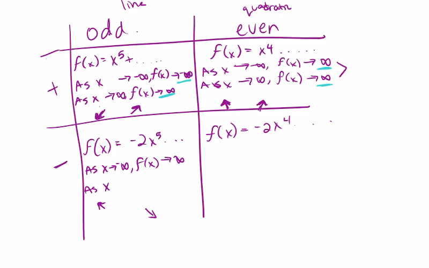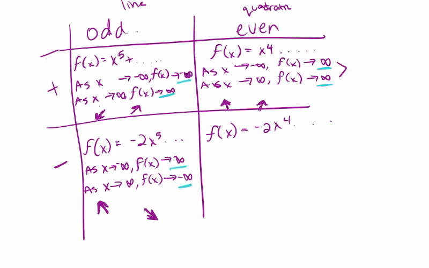As x approaches infinity, f(x) approaches negative infinity. So once again, the piece that we're changing is just this little piece right here. And this says as x gets smaller, y gets bigger. As x gets bigger, y gets smaller.